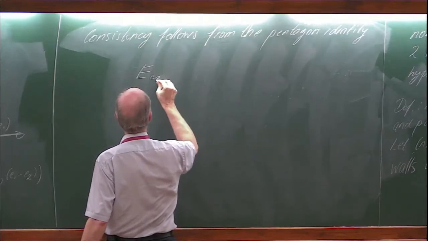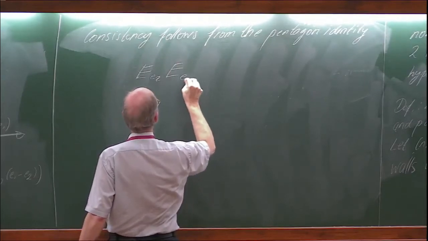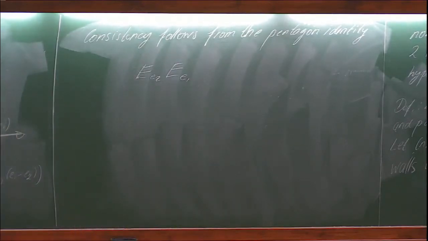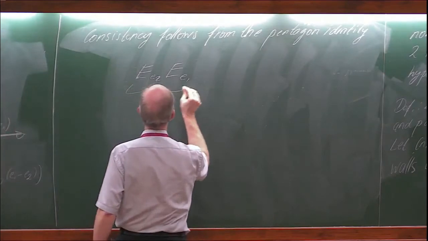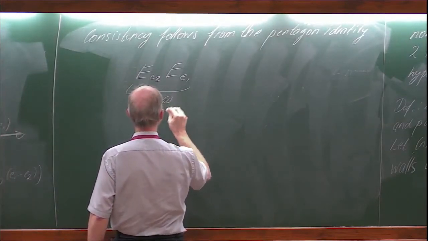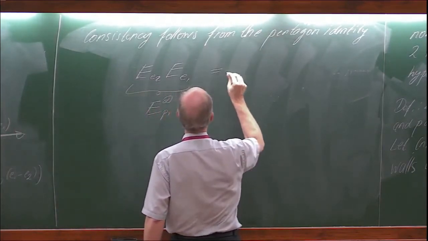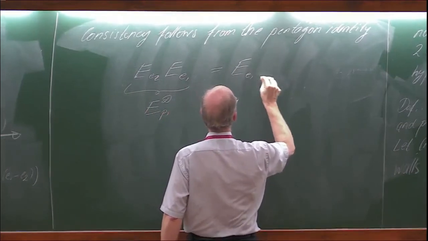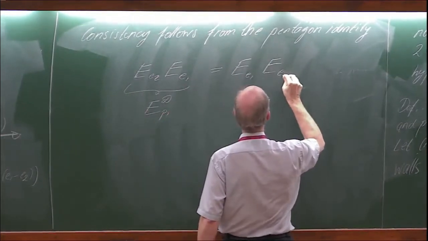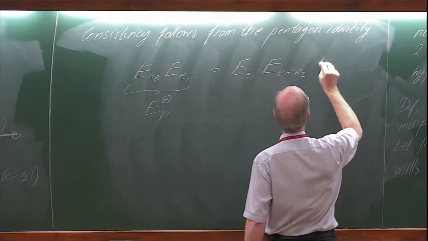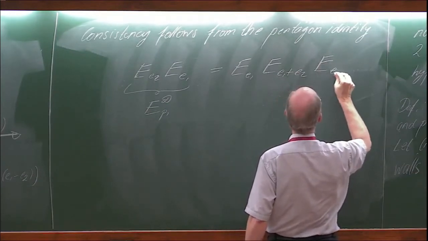Now it takes the form EE2, EE1. This is the path-ordered product associated with this path. This is equal to E1, E1 plus E2, E2.